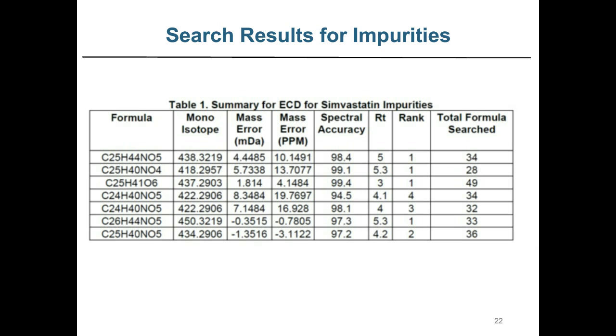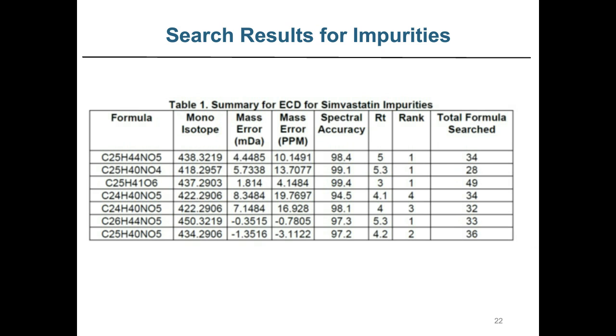In other words, after we apply both our mass calibration and our spectral accuracy calibration, where does it go on the list? And then the last column just shows the total number of formulas that were searched within that mass window.